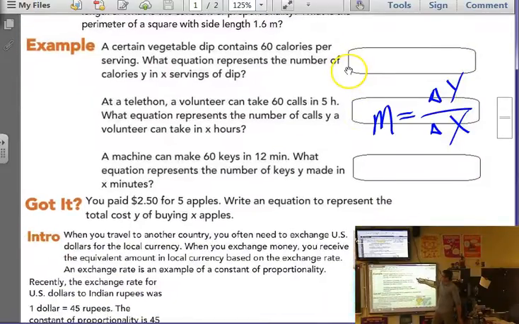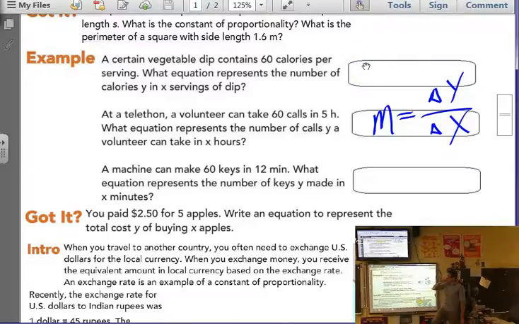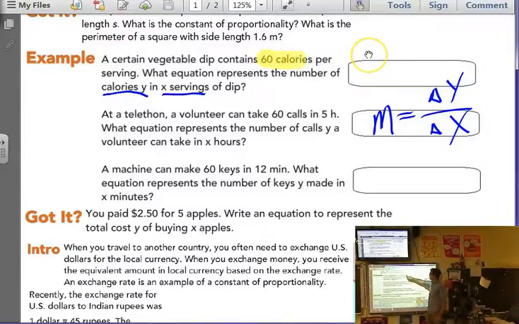a certain vegetable dip contains 60 calories per serving. What equation represents the number of calories y? So now it starts to identify calories will be my y value, servings will be my x value. So if I take my information given, my 60 calories per serving, I know calories is y and servings is x, so I do my calories divided by my servings to find that m value.